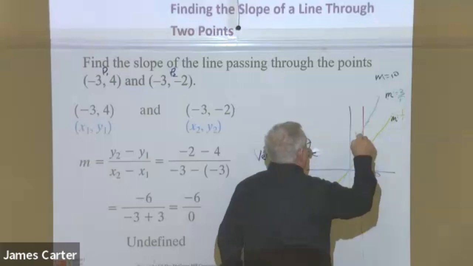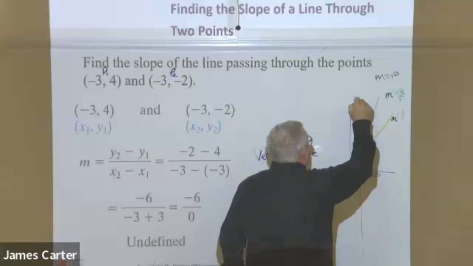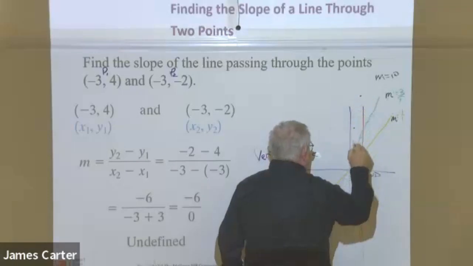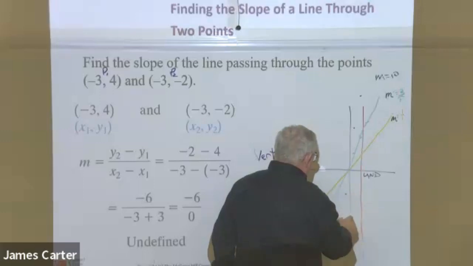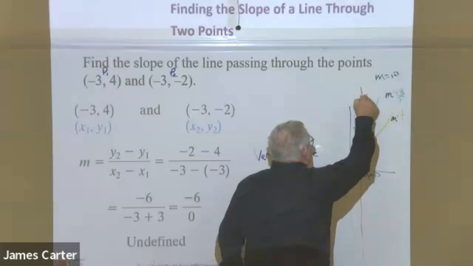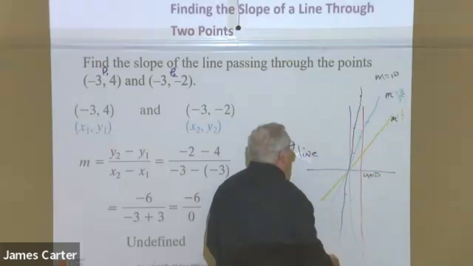Now, for a slope of 10, I'd have to go up 10 and over 1, up 10 more and over 1, down 10 and over 1, down 10 more and over 1. And as you see, it's still getting increasingly steeper.